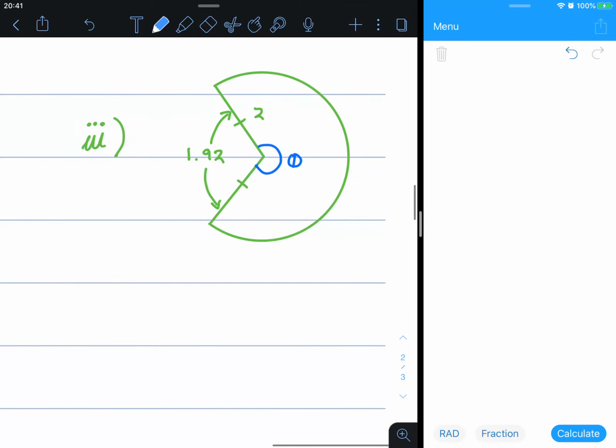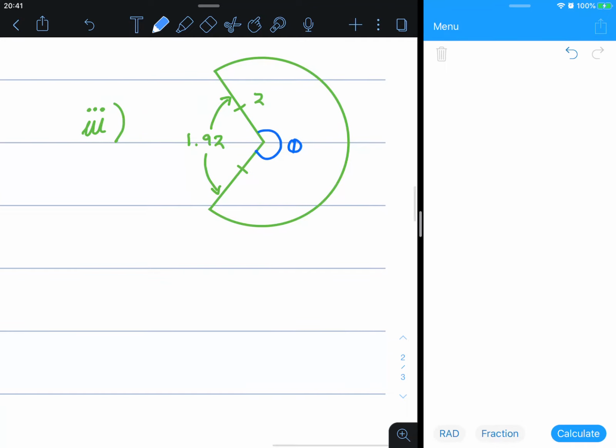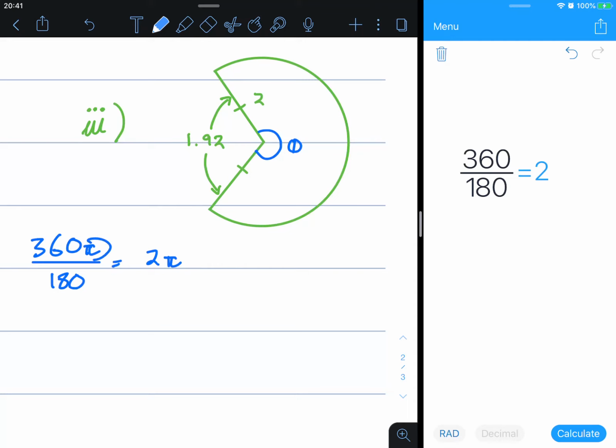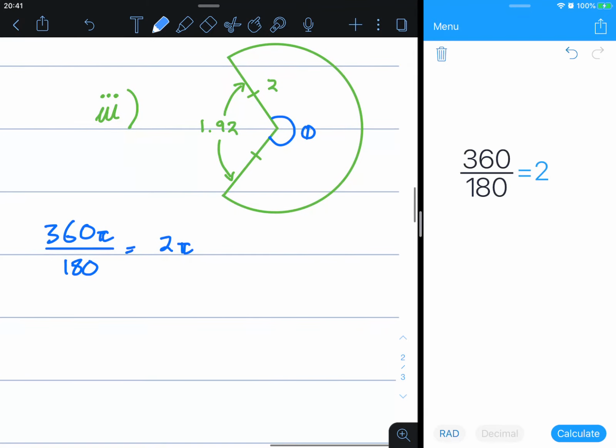Now to calculate that angle, well, let's consider that the full circle is 360 degrees. And 360 degrees, if we divide that by 180 times pi, is actually equal to 2 pi radians. So this entire circle here should be equal to 2 pi.